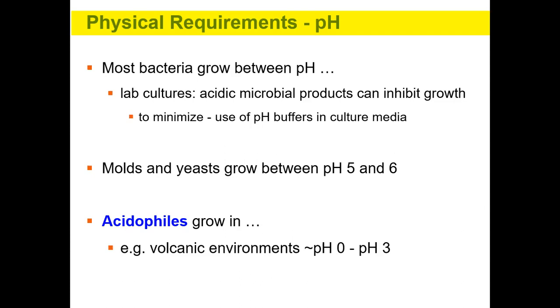And as you know, bacteria like Helicobacter pylori, which causes ulcers, can grow in the stomach, and the stomach pH is generally around pH 2. That would be an acidophile.